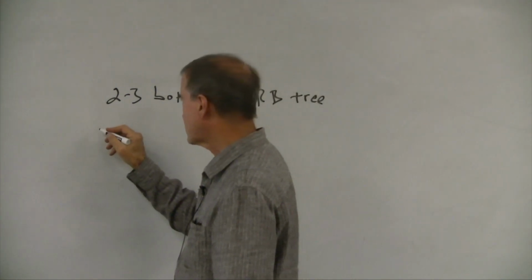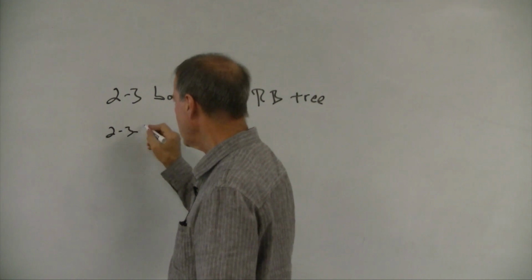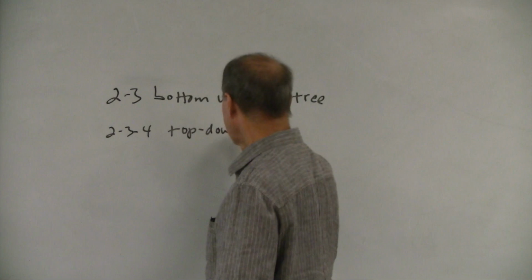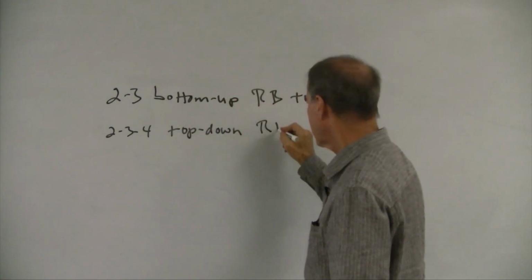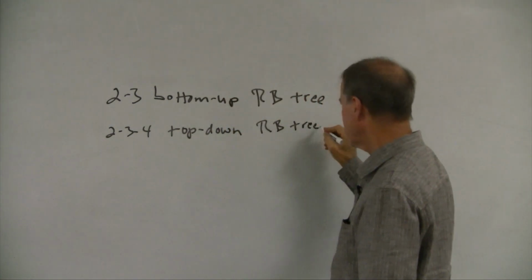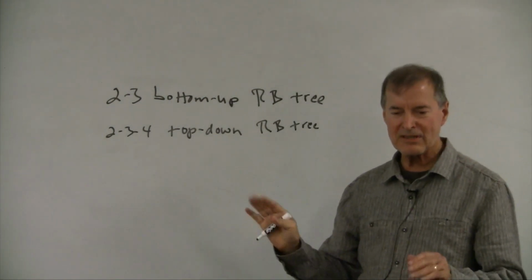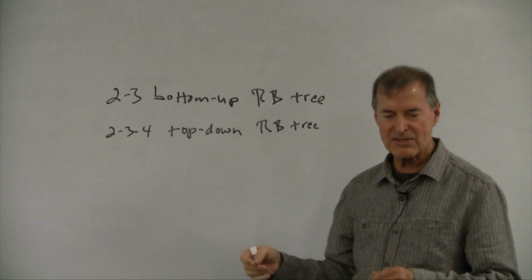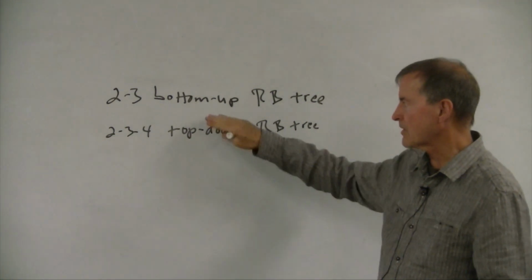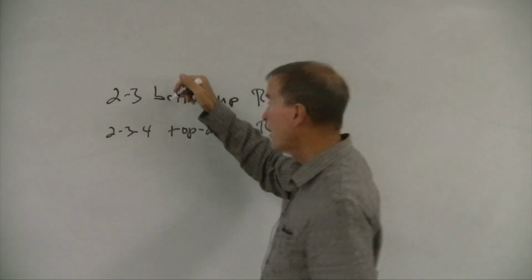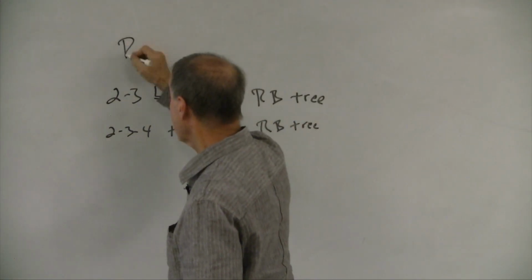It's called a 2-3-4 top-down red-black tree. He goes into infinite detail about all the ins and outs of these things. But the simplest one, and the one that we're doing, is the 2-3 bottom-up red-black tree. But in general, you just have red-black trees.